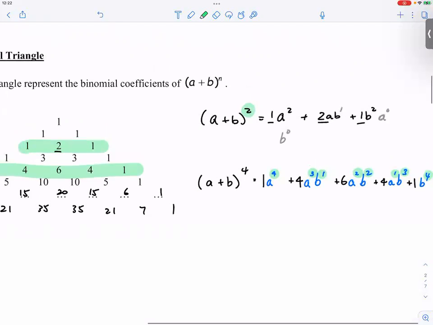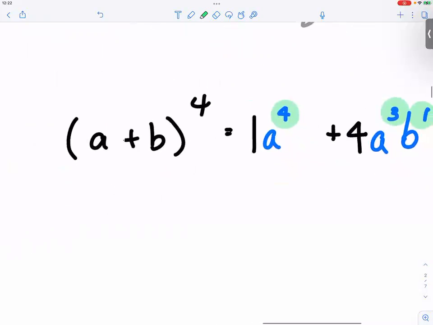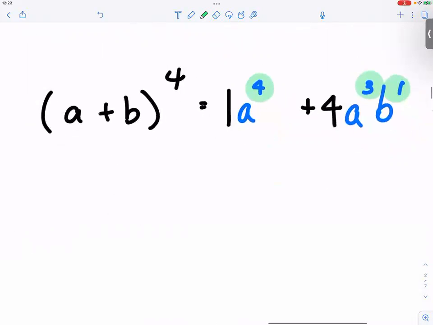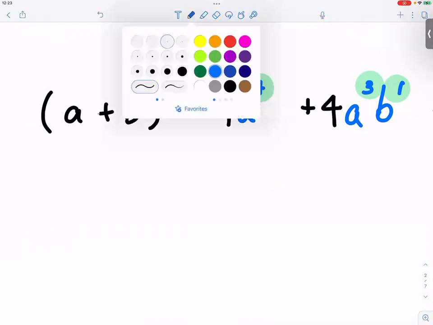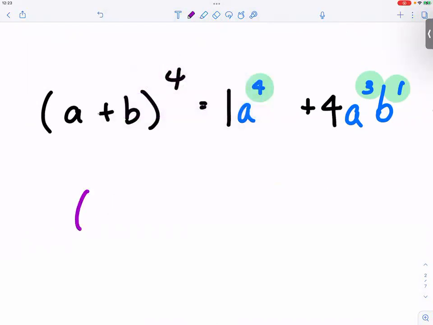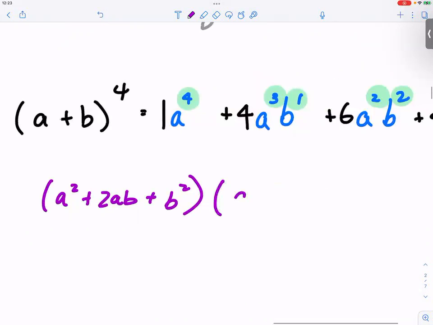Think about this. If I ask you a plus b to the 4th power without teaching you Pascal's triangle, what kind of nightmare would it be? You'd be like, yeah, so you can do the FOIL first, right? You can square them first, and then you just have to square again.